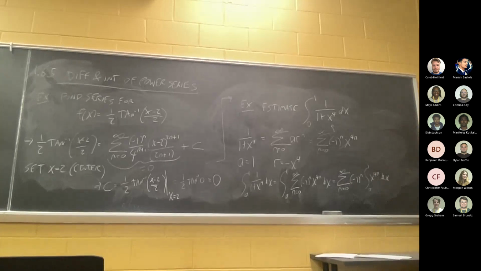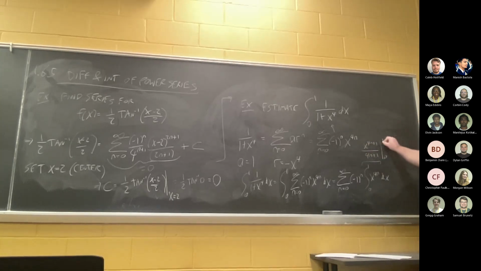All right, so then you're just doing a simpler integration. Some might find that boring, but this is going to be x^(4n+1) over 4n+1.